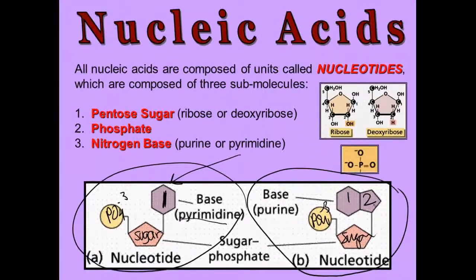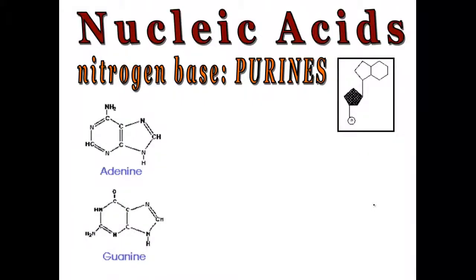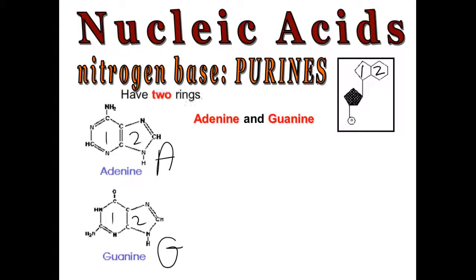So which letters, A, C, G, T, and U, are purines and which are pyrimidines? Let's talk about purines first. Purines have two rings in their nitrogen base. The only two letters that have two rings are adenine, represented by the letter A, and guanine, represented by the letter G. So adenine and guanine are both purines.